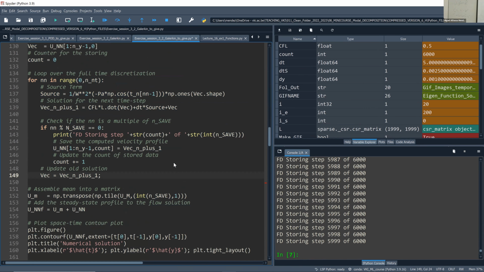So u plus 1 is equal to source times delta t plus vec, and then you have L dot U times CFL. So this one is correct. Write it somewhere because now you will need it.